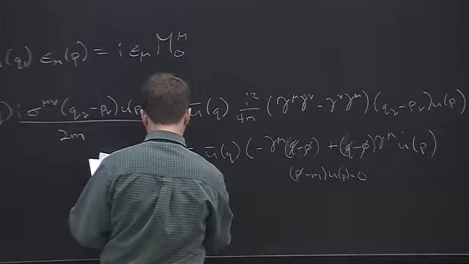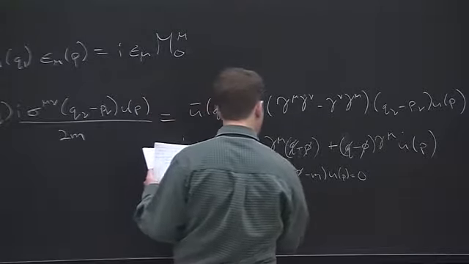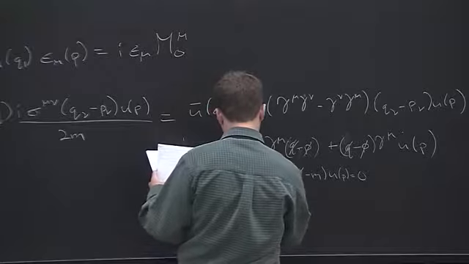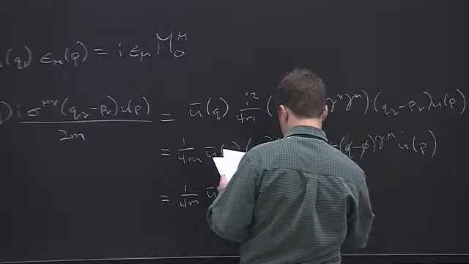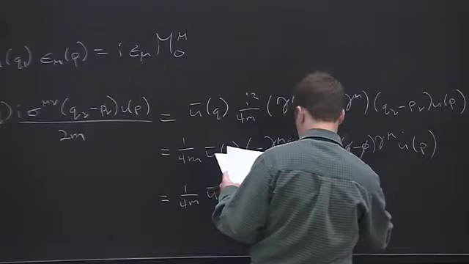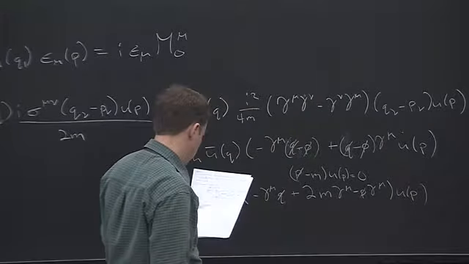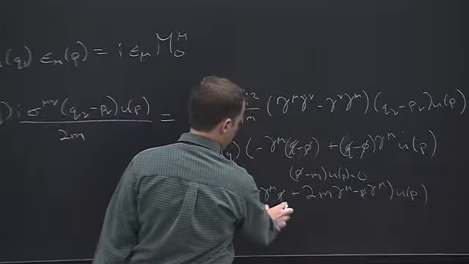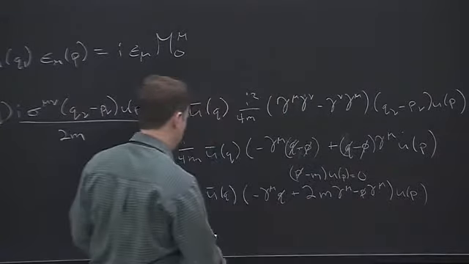So that gives us 1 over 4m ū(q) [−γ^μ q̸ + 2m γ^μ − p̸ γ^μ] u(p). Then if we just use the commutation relations, we can change the order of these two terms and use the same identity again.